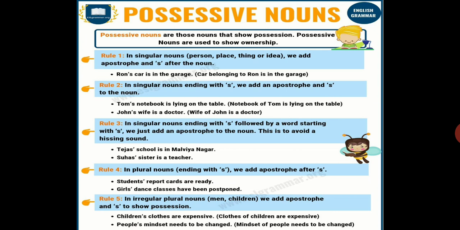In singular nouns ending with s, we add again apostrophe and s with them. In the singular nouns ending with s followed by a word starting with s, we just add an apostrophe to the noun.